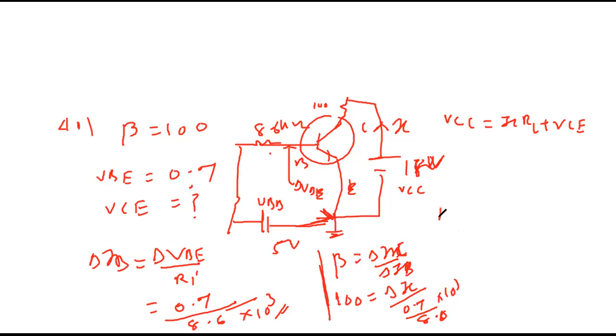Therefore we'll get delta IC equals to 100 into 0.7 into 10 raised to 3 upon 10 raised to 3 into 8.6. Copy till IC. Actually it is Ohm's law only we are using with proper circuits.